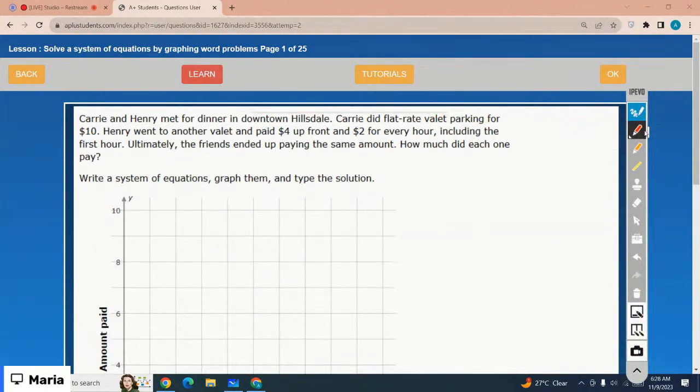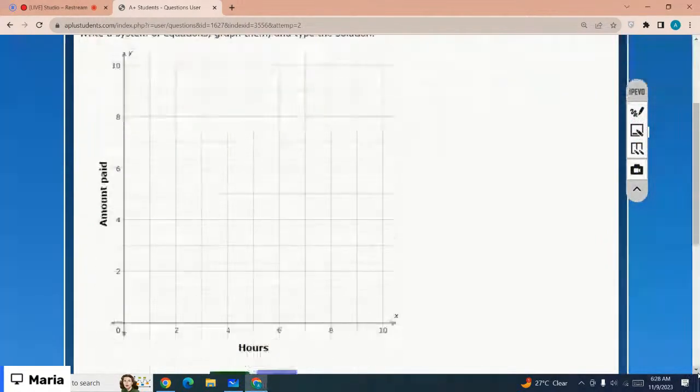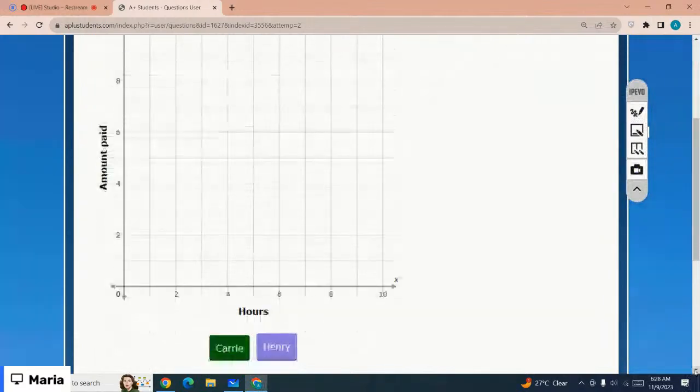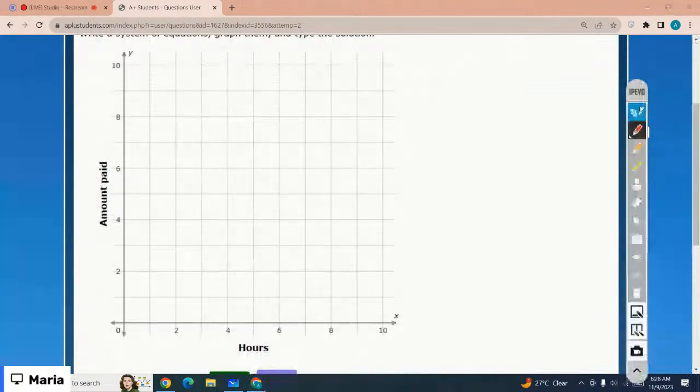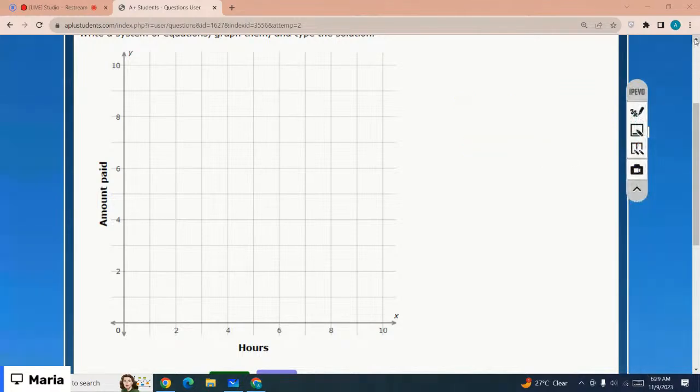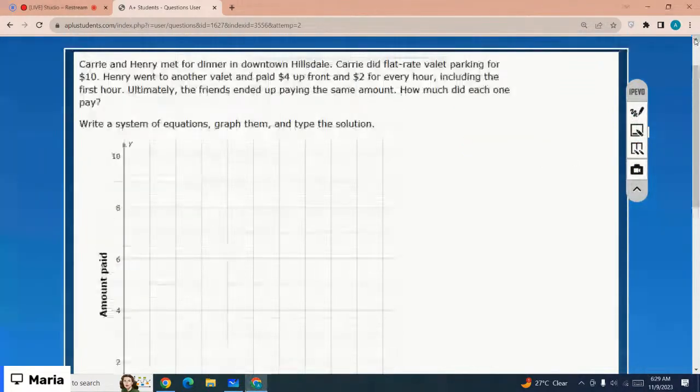Okay, so equation one is flat rate of $10, right? So equation number one is y equals 10, right? And the second one is y equals 2x plus 4.